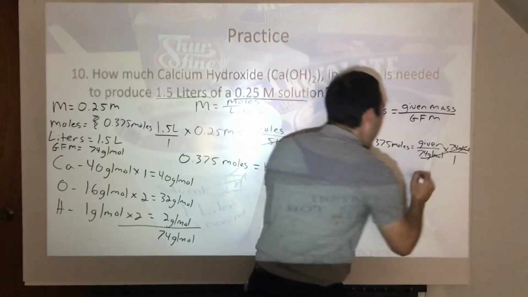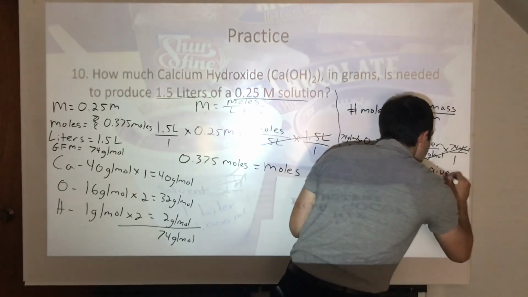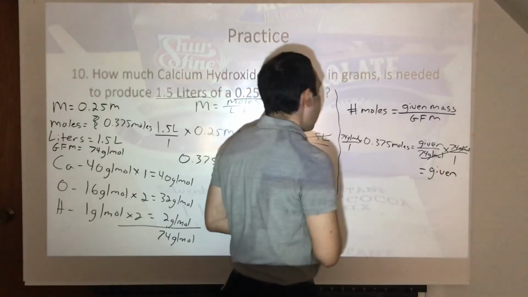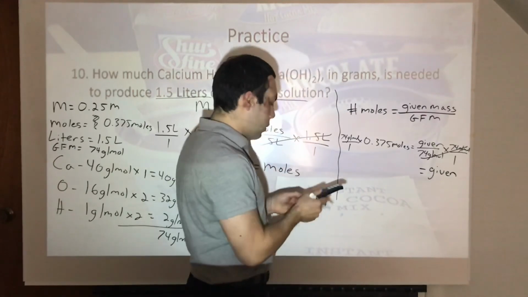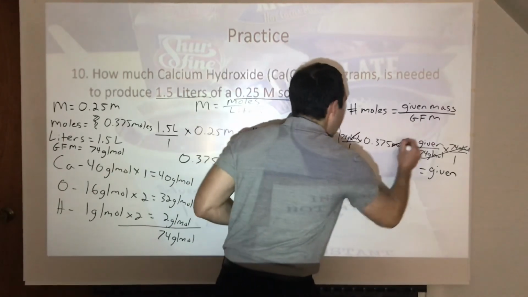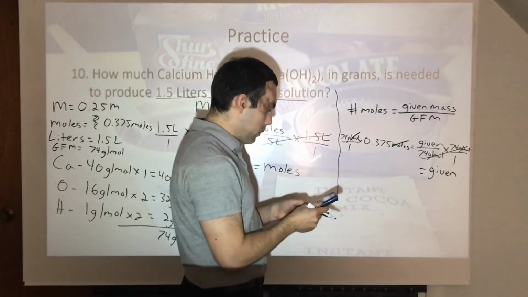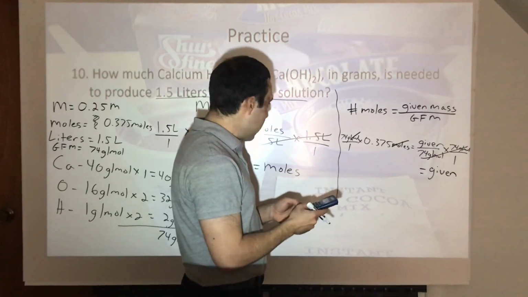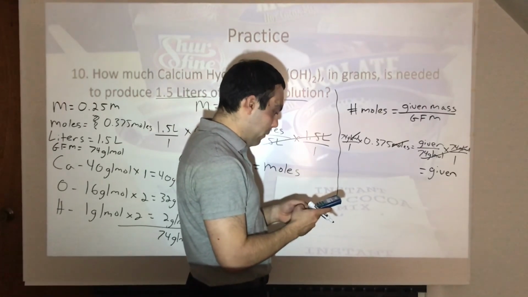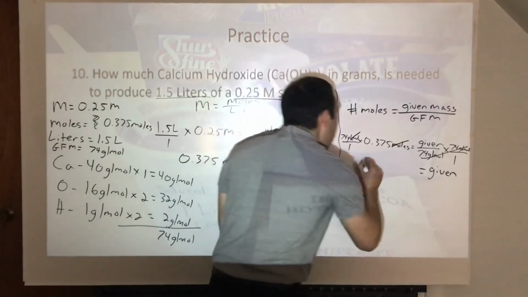That cancels out. We're left with given equals 74 times 0.375. Moles and moles cancel out. We're left with the unit of grams.